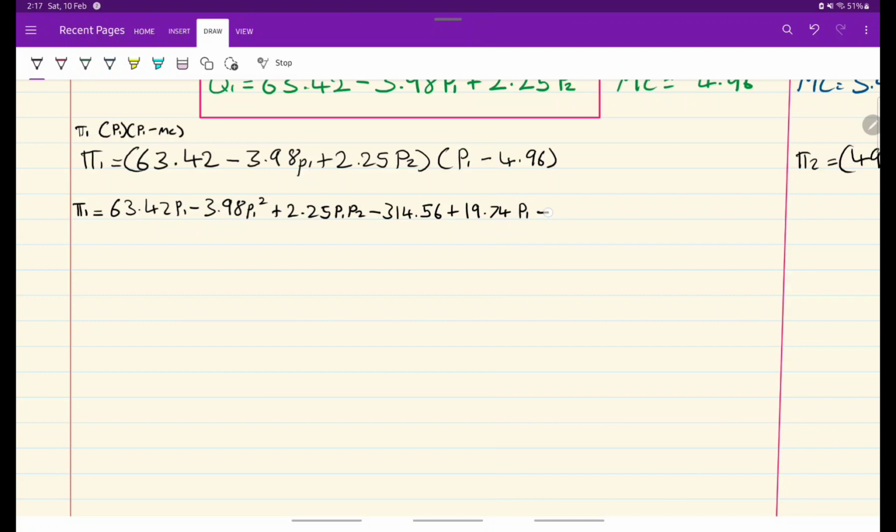P1. And lastly, you have a negative 11 P2. And look for any like terms. I see a like term there, I see a like term there.